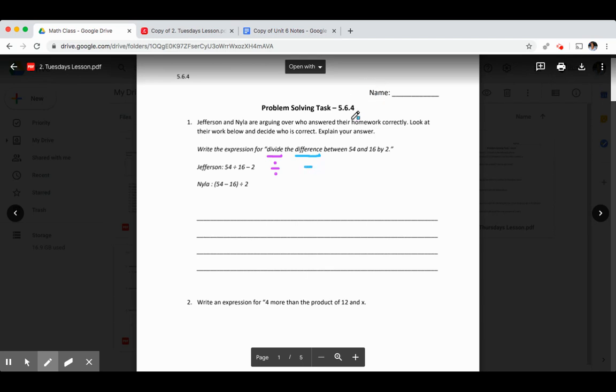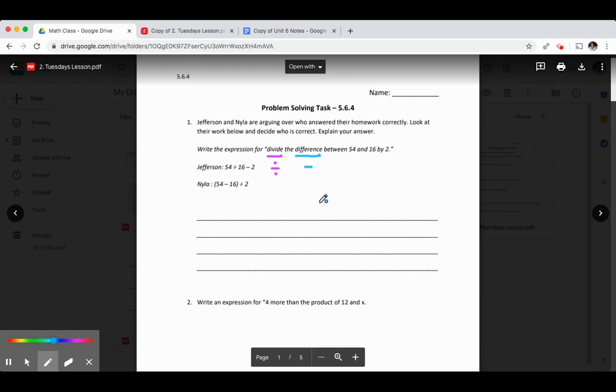So we know the operations involved in this expression are going to be division and subtraction. Now we need to do the thinking of what is being divided and what are we taking the difference between. So I want you to reread the phrase and then I want you to try and answer that. What are we taking the difference between and what are we dividing according to this phrase?